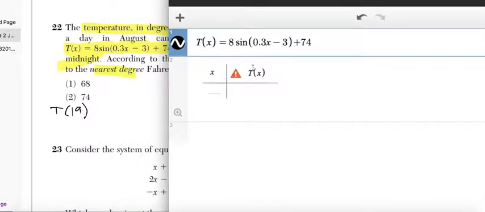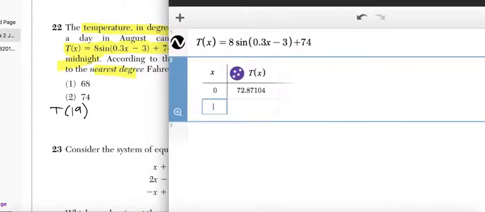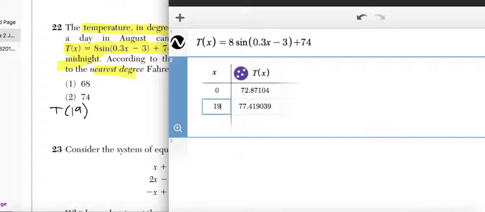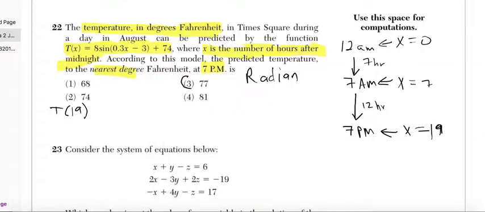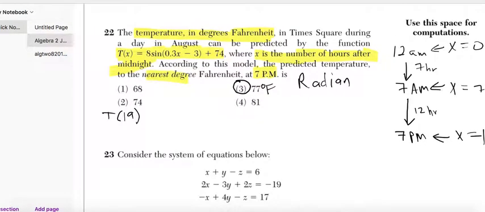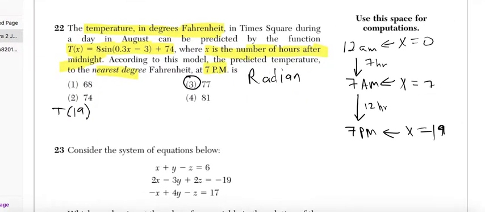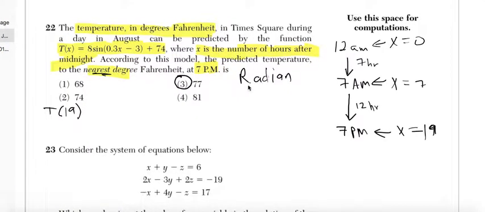So now I'm going to enter 0, 19 is 77.4 degrees to the nearest tenth, or 77 degrees to the nearest whole number. So to the nearest degree, it's 77 degrees Fahrenheit, okay? They said to the nearest degree Fahrenheit, so there we go. All right, and that's what you got to watch out for, just that x equals 19. You're using x equals 19 and radian mode in your calculator, then you'd be good to go.